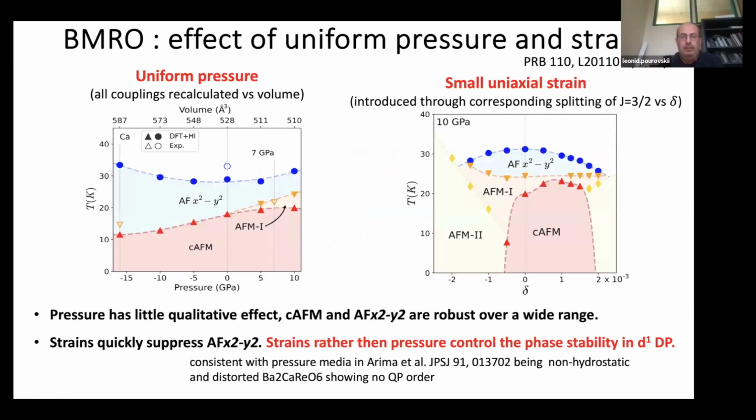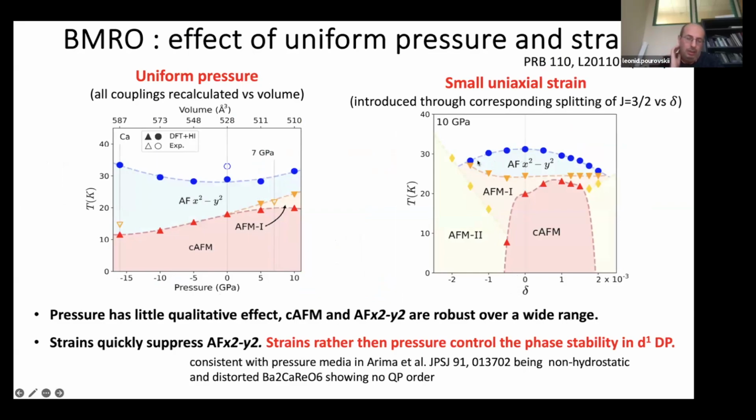And we also find that change of volume affects very little the phase diagram. In contrast, if one applies a little strain, and in pressure experiments, the pressure medium was not completely hydrostatic, so there were some strains, these strains suppress very easily this antiferroic quadrupolar order.